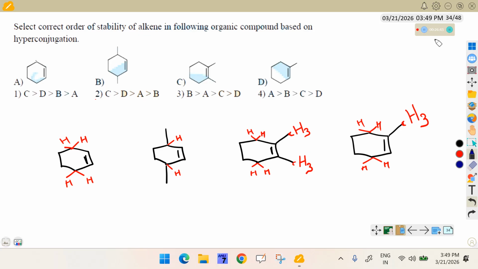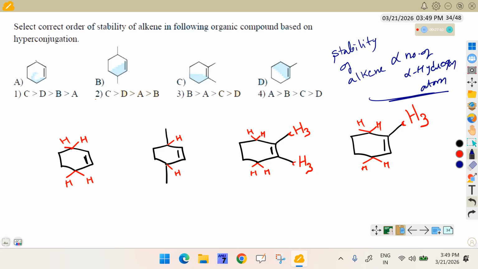Select the correct order of stability of alkene in the following organic compounds based on hyperconjugation. Based on hyperconjugation, the stability of alkene is proportional to the number of alpha hydrogen atoms. Four alpha hydrogen atoms are present.